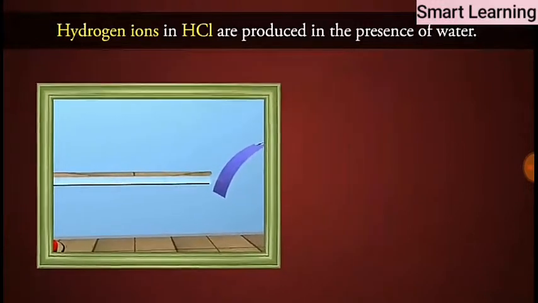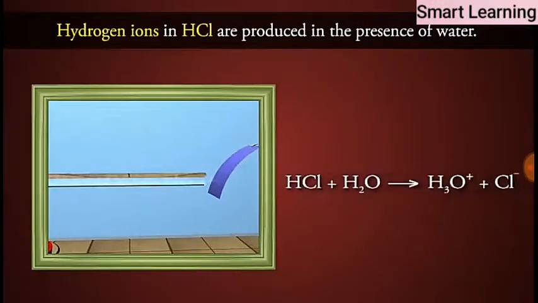The reaction being: HCl reacts with water to give hydronium ions, that is, H3O+, and chloride ions.